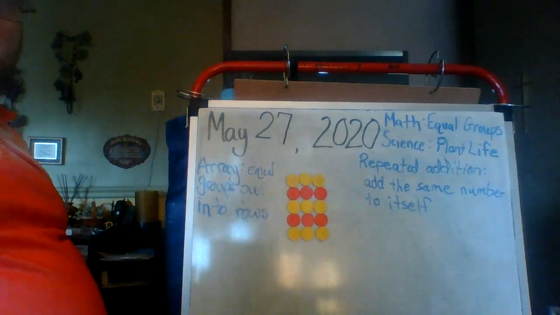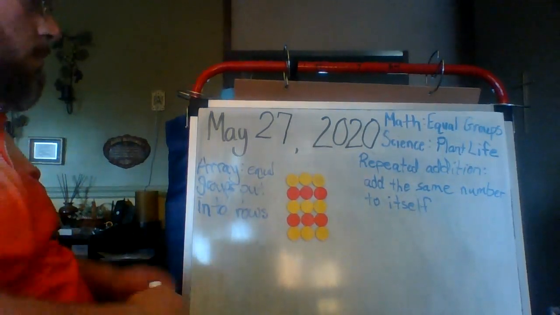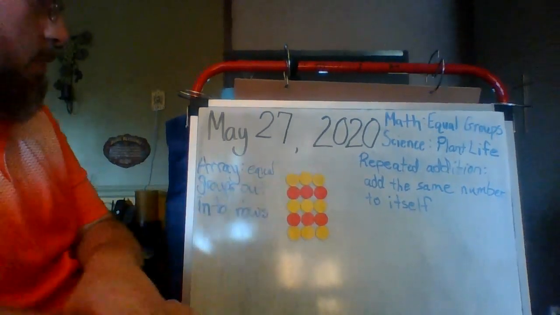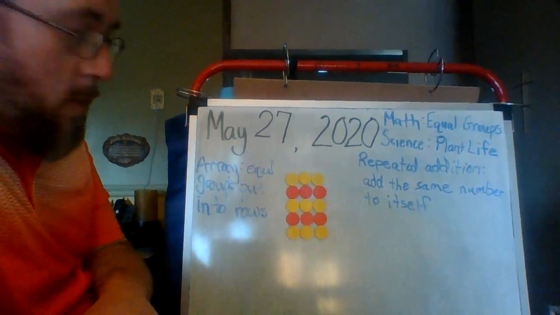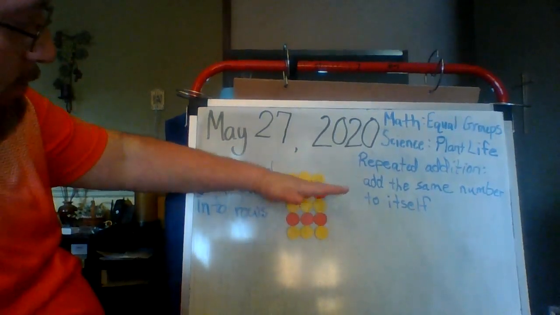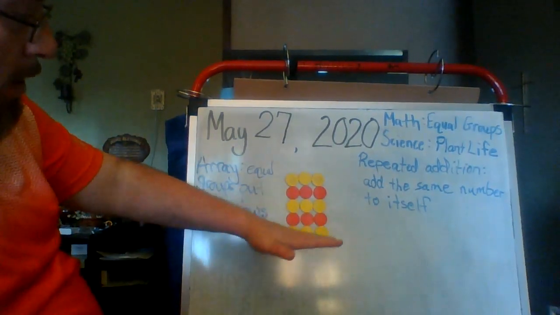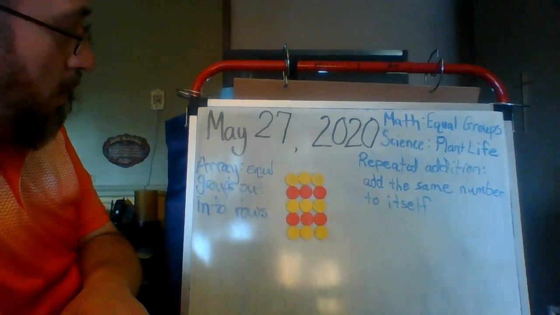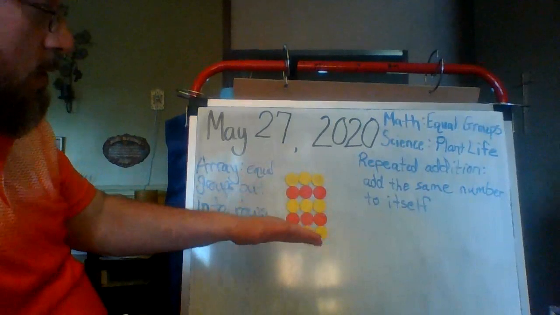So if I look at my array, I have 3 in each row. 1, 2, 3. I have 1, 2, 3, 4, 5 rows in my array. So I have 5 rows of 3.